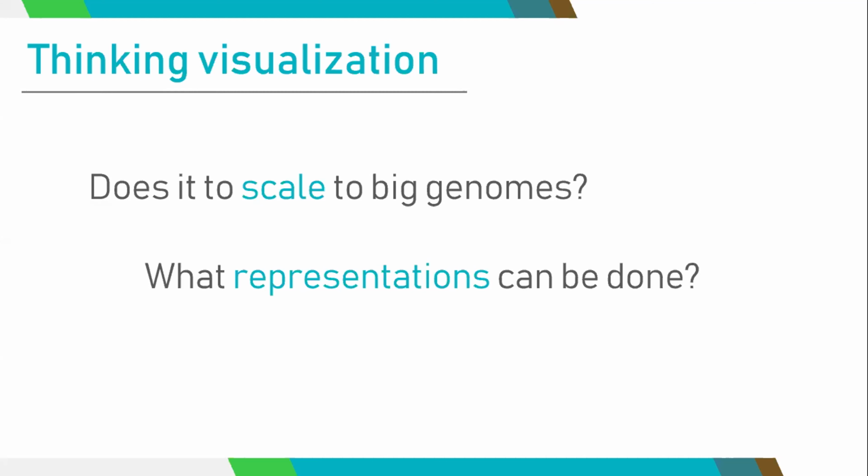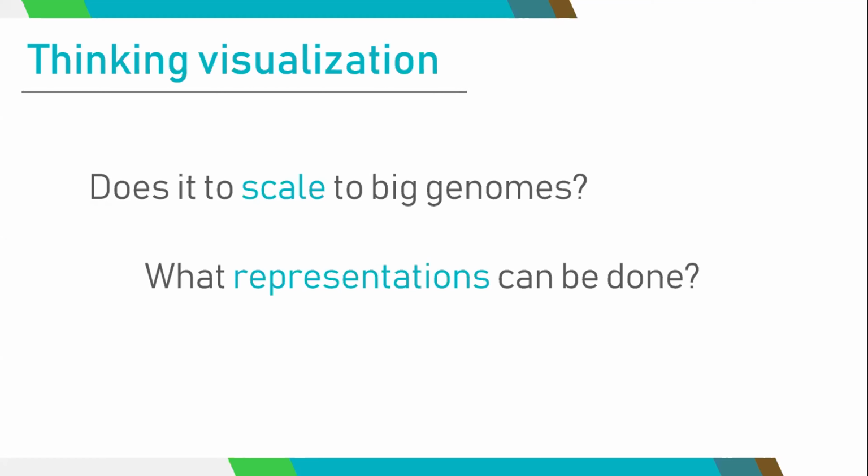Sometimes it can be represented as, for instance, a presence-absence matrix, if we talk about genes, like which gene is present or not in which genome. But we could also represent it as a graph with sequences linked together.